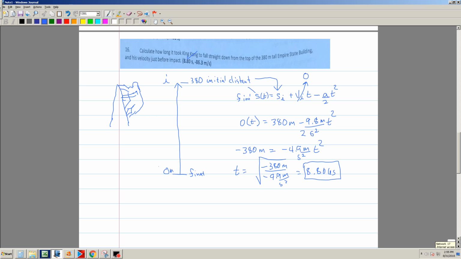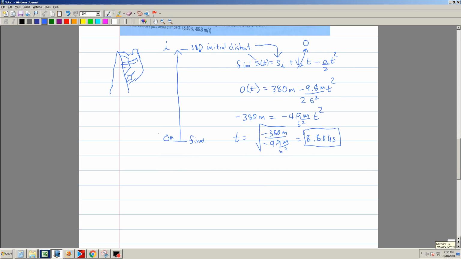Okay, so now they want to know the velocity. So let's do that. I believe you can take the derivative. So this is the distance formula.